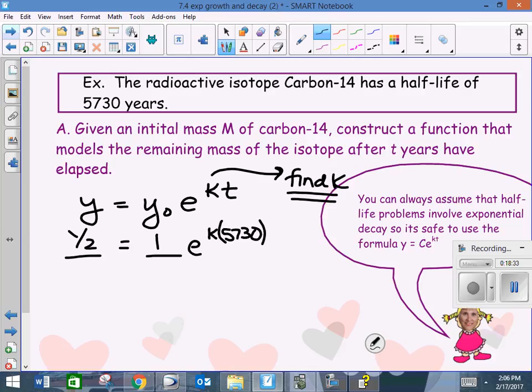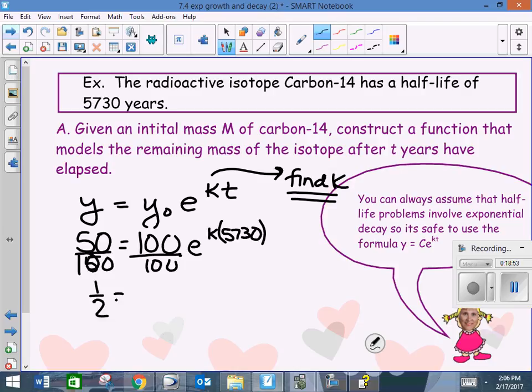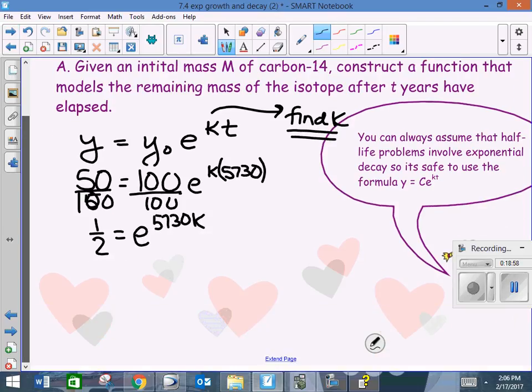You can put 50 and 100 in, you can put 25 and 50, whatever, but regardless of what you put in here, if you say I'm going to start with 100, then you're going to have 50. The first thing you're going to do is divide that 100 out and use 1/2 equals e to the 5730k. Okay? You did that last year. All right, so go ahead and find k. This is a decay, so k should be negative.